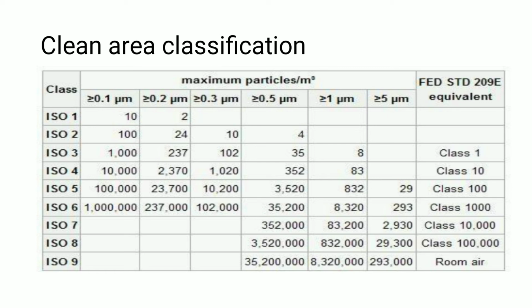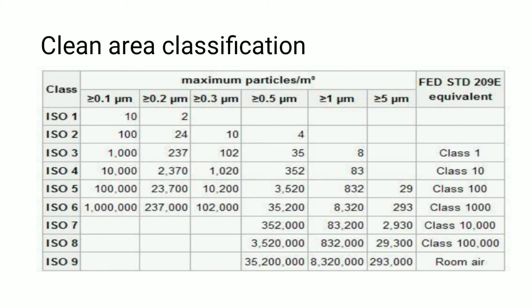If we look at the second part of this table, that is the maximum particles per meter cube. Here, if we are maintaining an ISO 1 class, then for particles less than or equal to 0.1 micrometer, 10 particles are allowed. For class 2 it is 100, class 3 is 1000, class 4 is 10,000, class 5 is 1 lakh, and class 6 is 10 lakh.